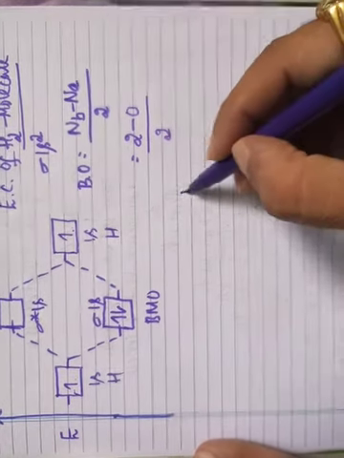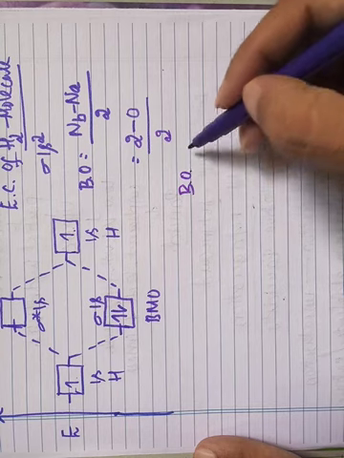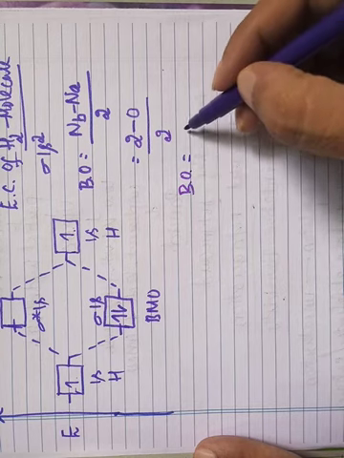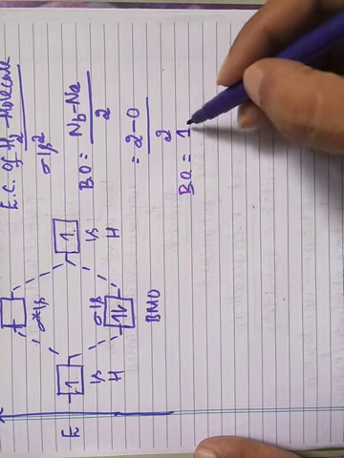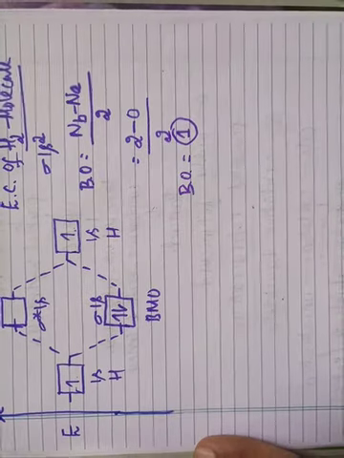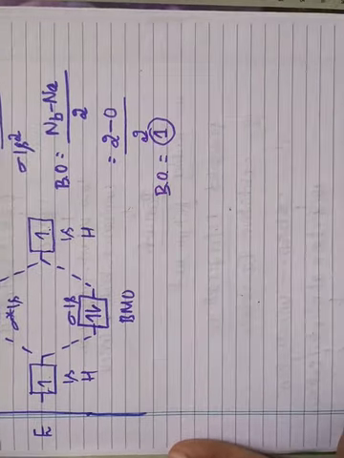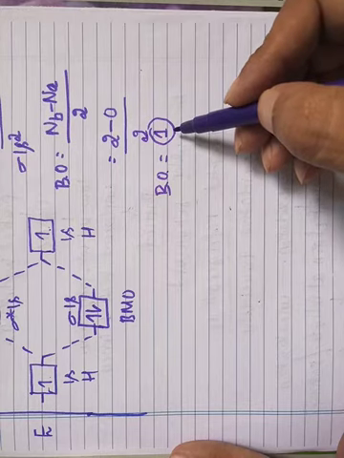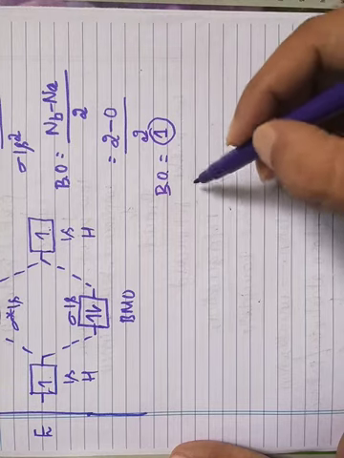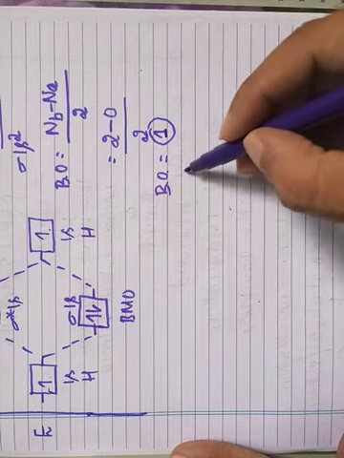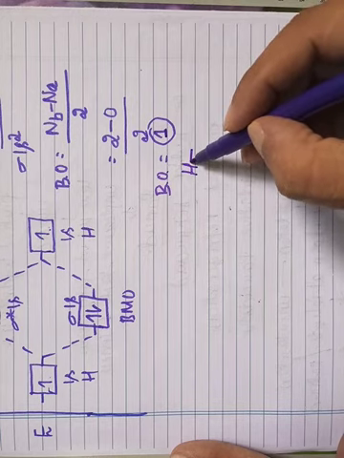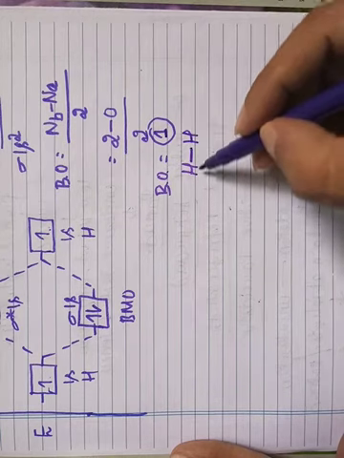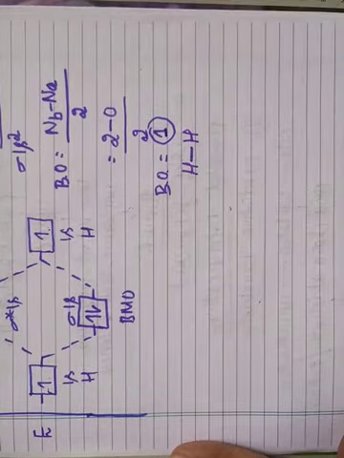Therefore the bond order in the hydrogen molecule is equal to 1. This 1 indicates that there is a single covalent bond between the 2 hydrogen atoms in the hydrogen molecule.